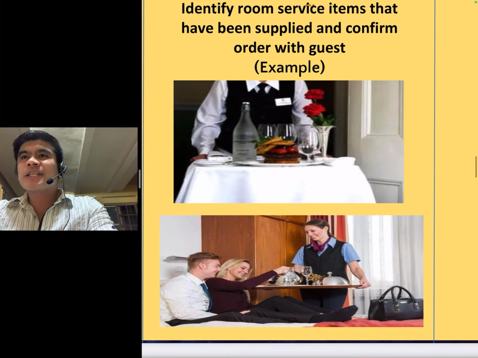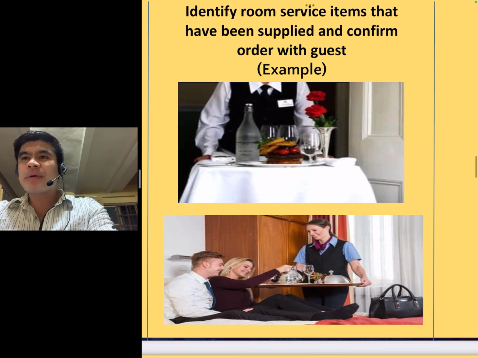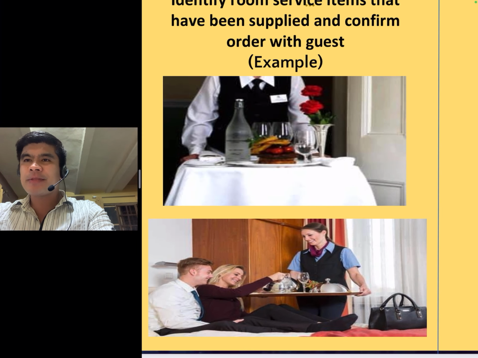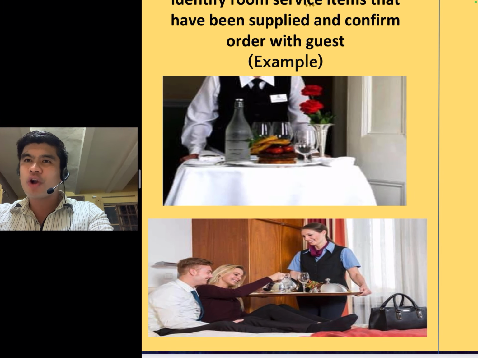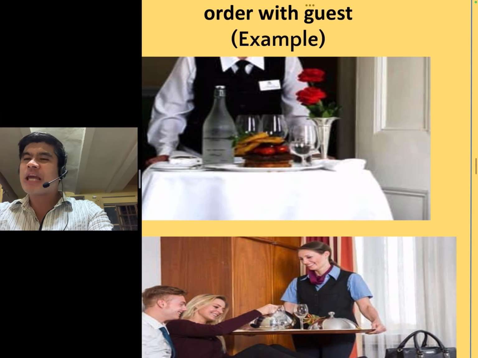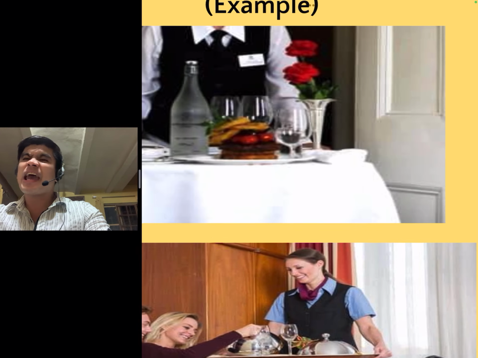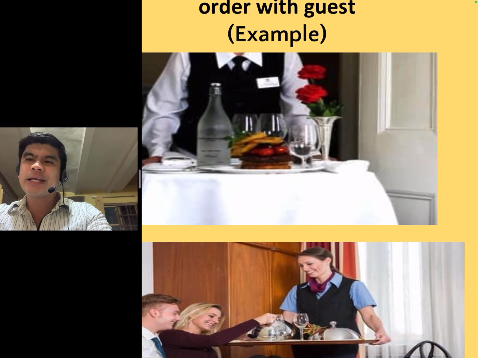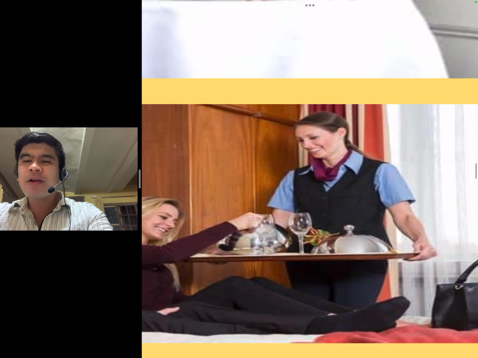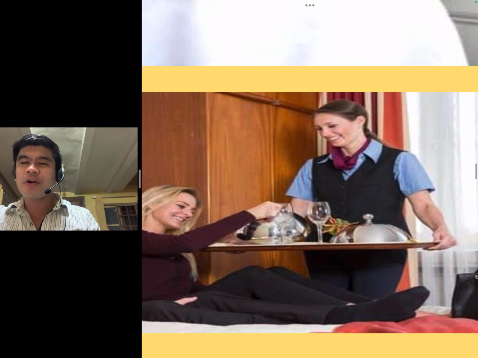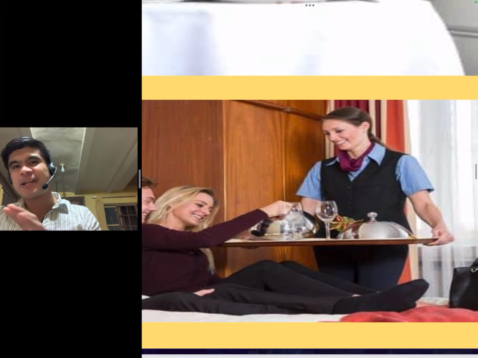Room service items have been supplied. So once again, it's another picture of how you are going to arrange the tray. You have the glasses, you have the sparkling water, you have some sort of cookies. And here, once again, you have the cover to make the food nice and hot.